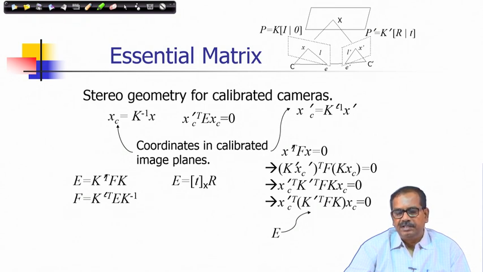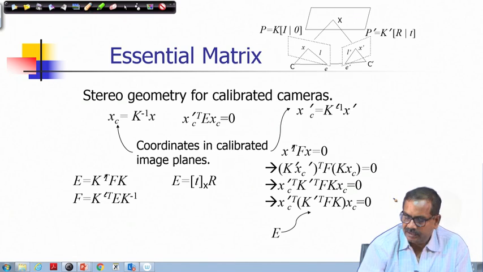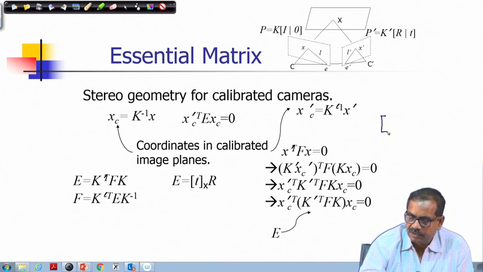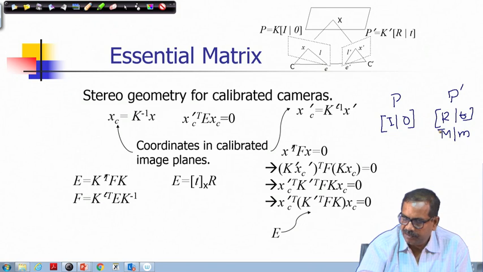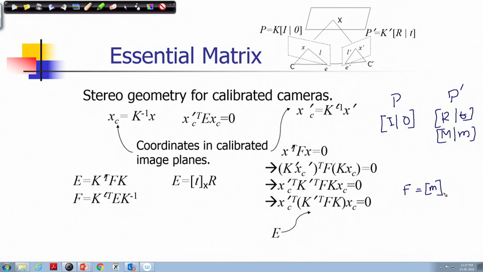If you remember, suppose I have [I|0] and [R|t], say these are the two camera matrices, P and P'. The structure was [M|m] in general, and the fundamental matrix was given as the skew symmetric matrix [m]x times M. That is how the fundamental matrix can be derived.